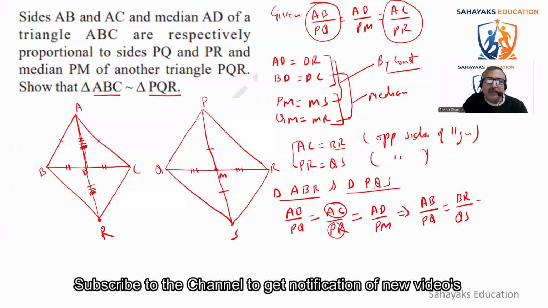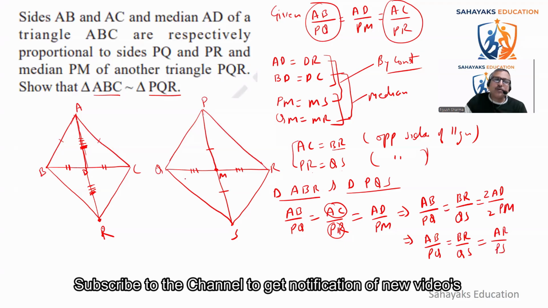And also I can say 2 times AD divided by 2 times PM. So this implies that AB by PQ is equal to BR by QS is equal to AR by PS.